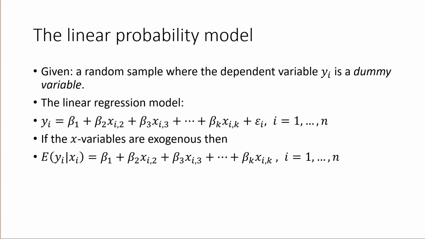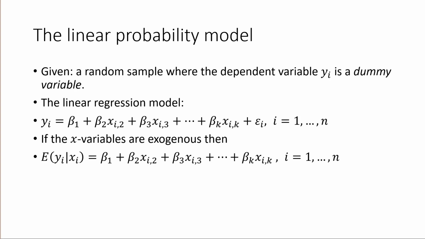So with our example, where y is 1 if student i passes the exam and 0 otherwise, the x variables could be variables such as the number of hours that the students have studied and so on. This expression is the expected value of y given these x variables.